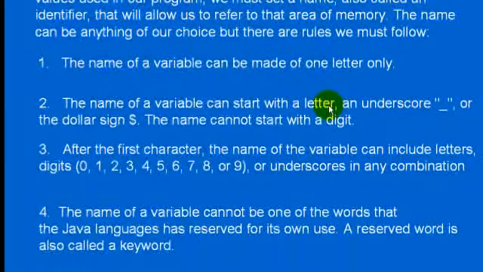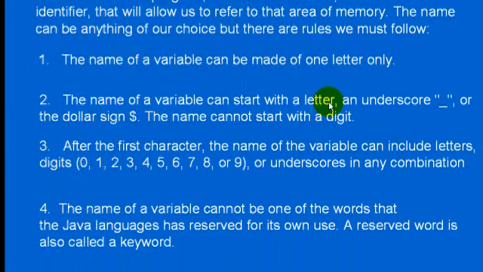If we have multiple characters in the variable name, then the name can start with a letter or an underscore sign or the dollar sign. The name cannot start with a digit. It means the first character of the identifier has to be a letter or underscore or the dollar sign.